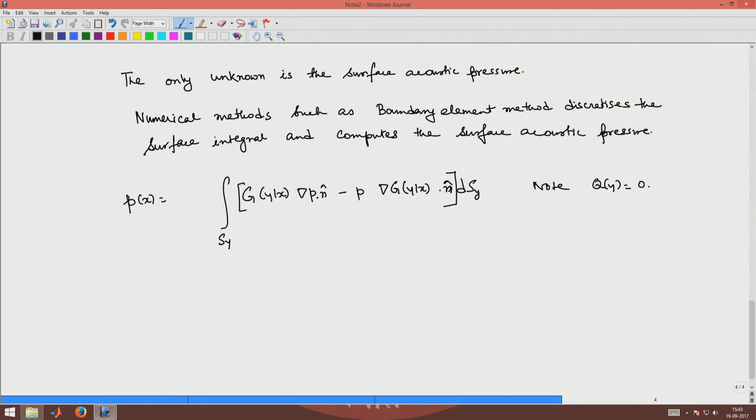We also know the p at this point, which was the first step. So, p at the surface is also known, and therefore the entire right hand side is known. We could in principle integrate this out and determine pressure at x for any x in the region of our interest.